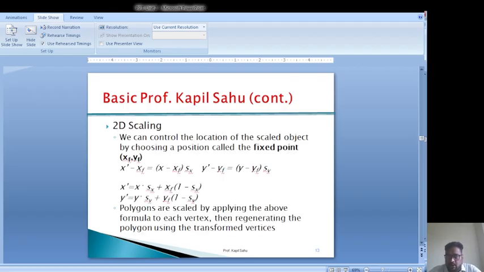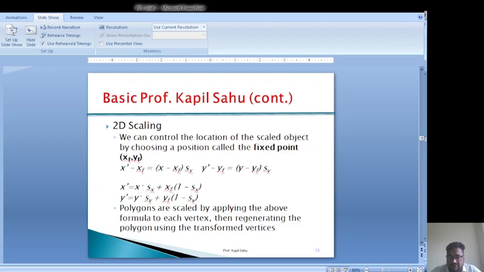As we discussed the rotation about a pivot point, the same as in the scaling, the second scaling is called the scaling about a fixed point, where xf, yf are the fixed points. If the value of xf and yf is equal to 0, then we will get the basic scaling equations. If the fixed point is other than the origin, then we will put the value of xf and yf in the equation.